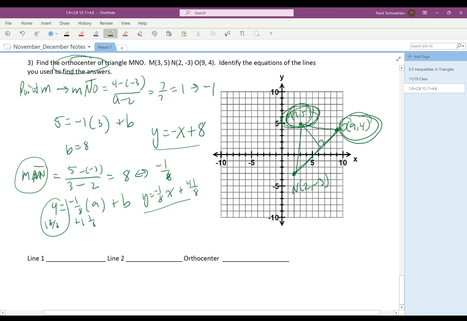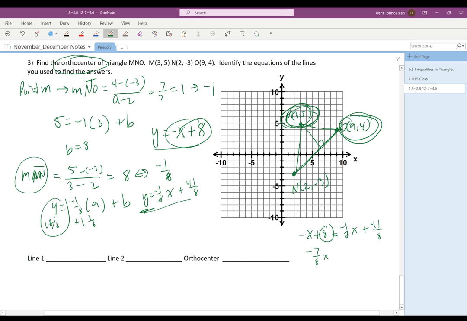We want to find out where they intersect each other. And so we can just set them equal to each other because we're solving the system. We're just plugging in the -x plus 8 for y here. So it's going to be -x plus 8 equals -1/8 x plus 41 over 8. Add the 1/8 x, it gives you -7/8 x.